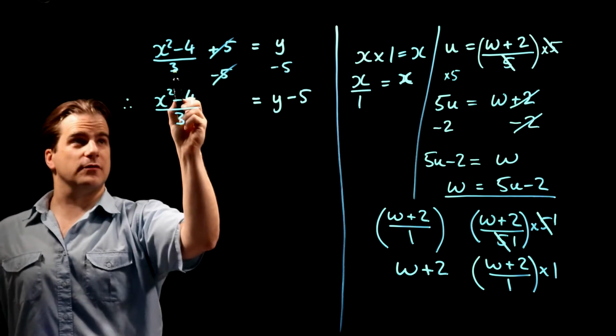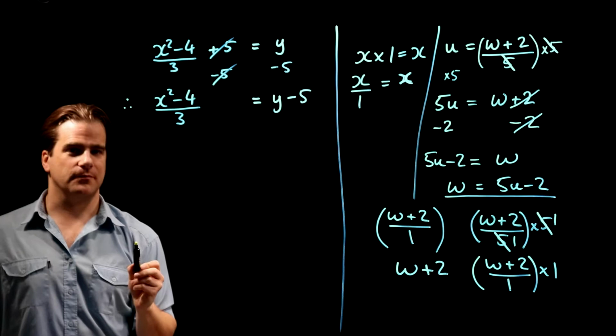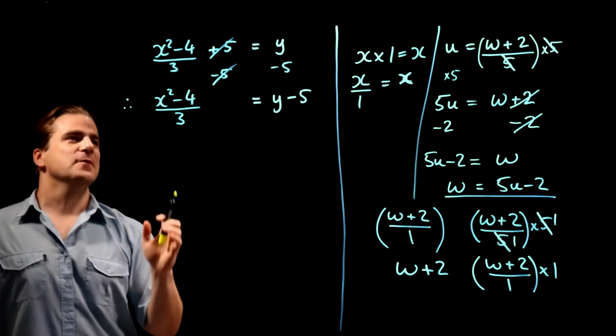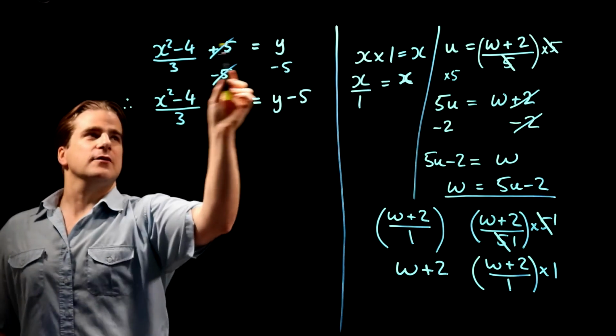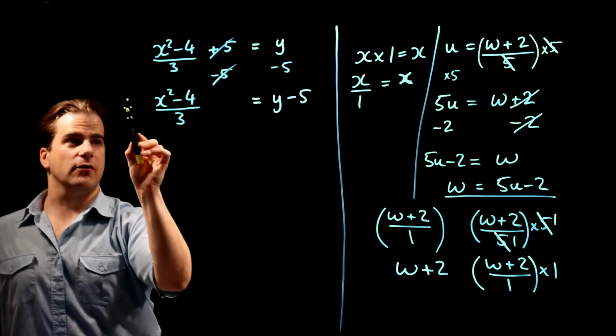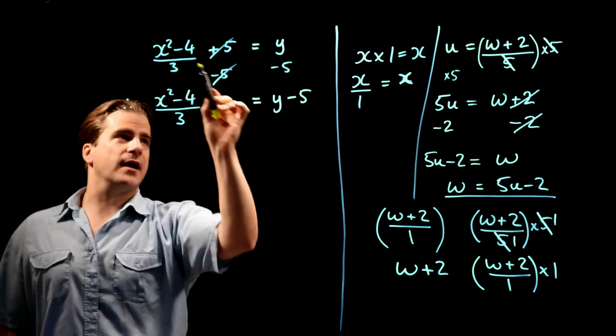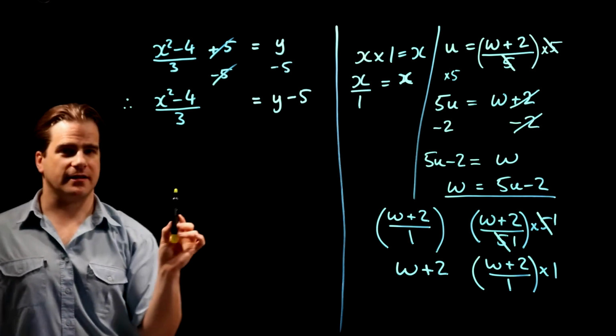And x squared minus 4 over 3 plus 5 is not equal to x squared minus 4 over 3. Okay? You've got an equation there, right? Just write therefore, put the equals underneath the original one, and then whatever you get when you rearrange. That is correct. That's the way to do it.